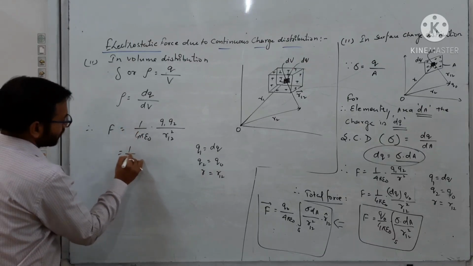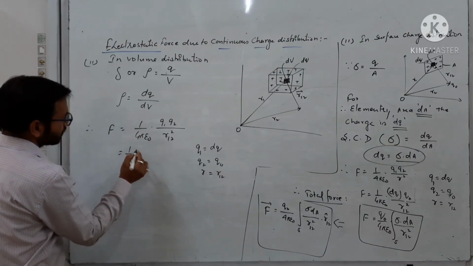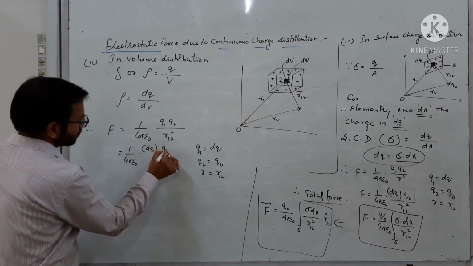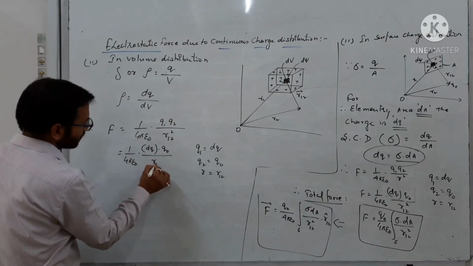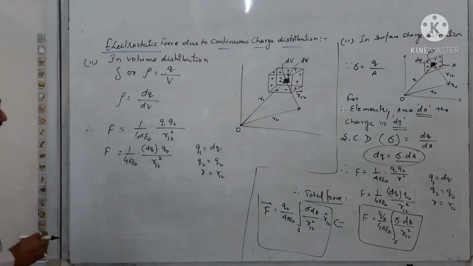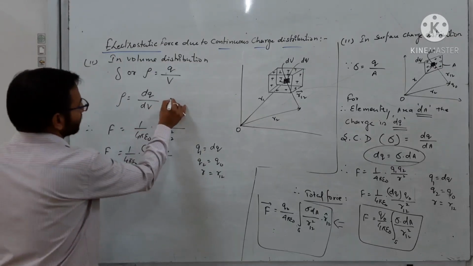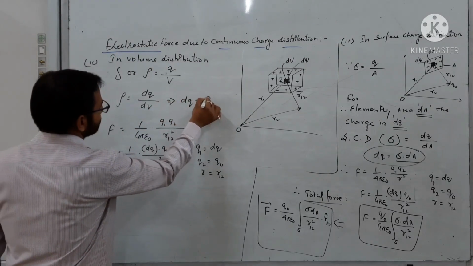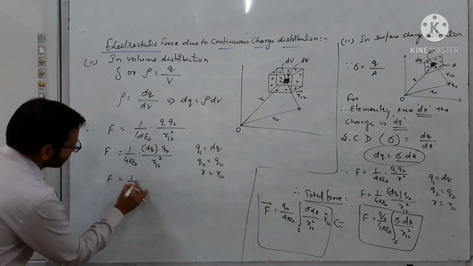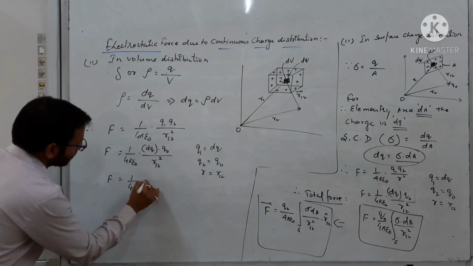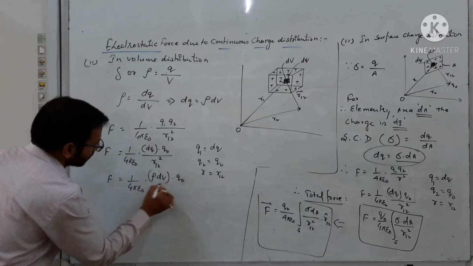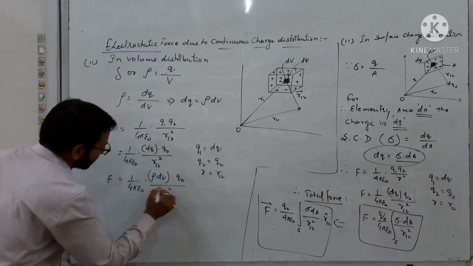Now you can replace dq with rho into dV. So F is equal to 1 over 4 pi epsilon naught rho into dV into Q naught upon R12 square.